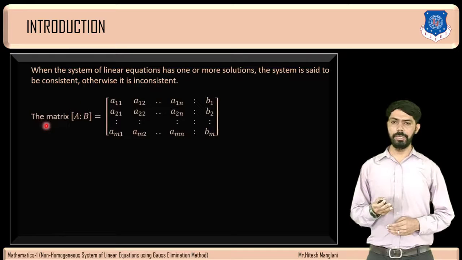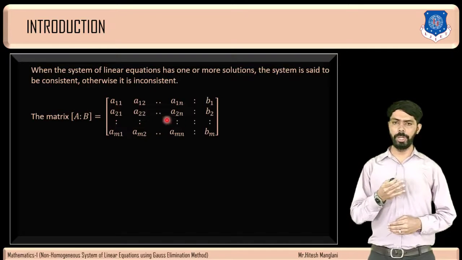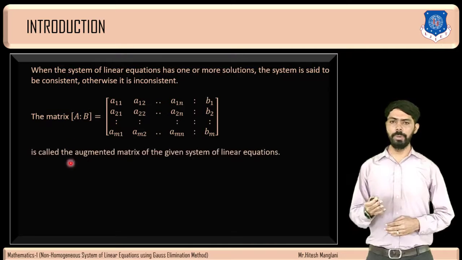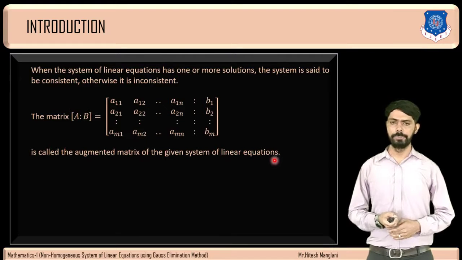So the matrix [A|B] is given by a11, a12 up to a1n, then a21, a22 up to a2n, then am1, am2 up to amn, and b1, b2 up to bn. So this matrix is called the augmented matrix of the given system of linear equations.